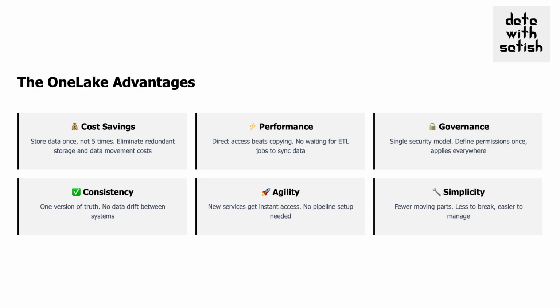No managing separate access controls per system. Consistency. One version of truth. No more wondering which copy is current. Agility. When you add a new Fabric service, it gets instant access to your data. No pipeline setup required. And simplicity. Fewer moving parts means less to break and easier to manage.